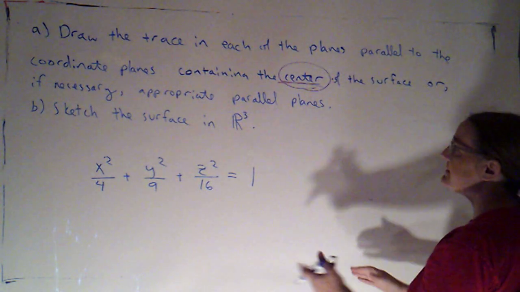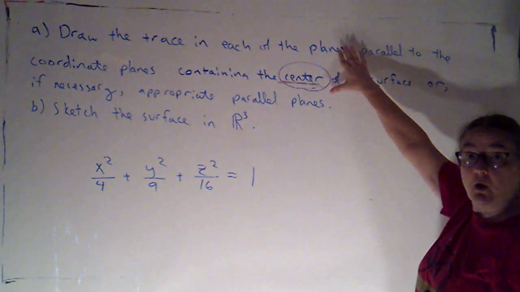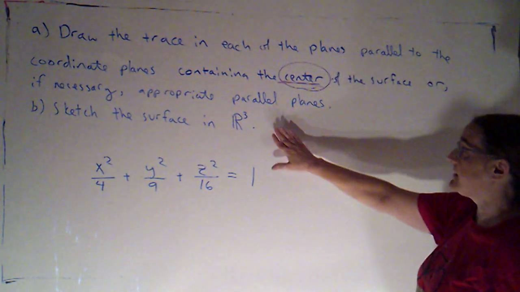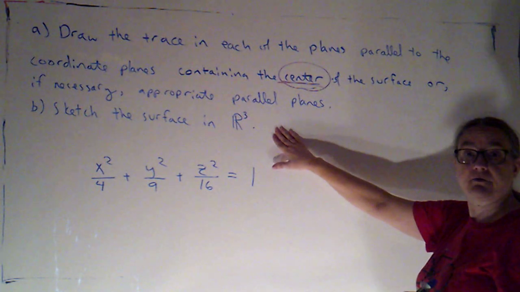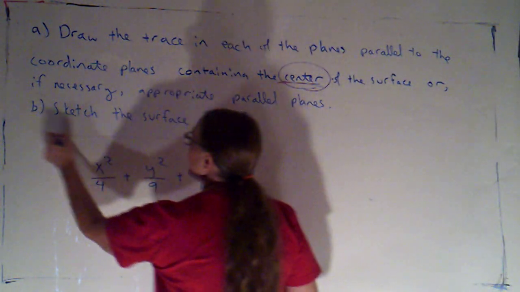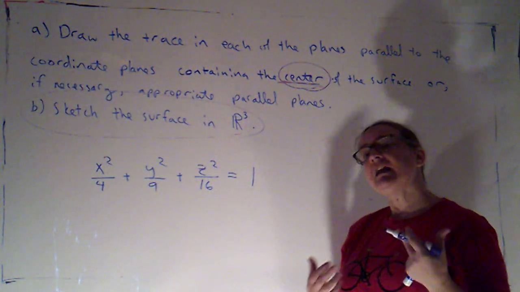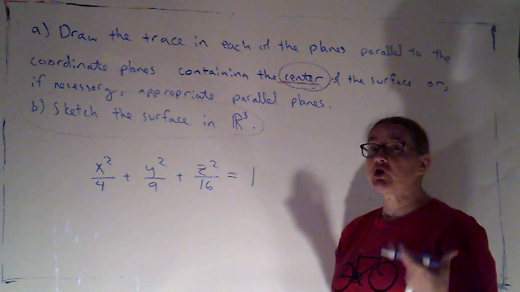Now, for all of these examples, I'm going to ask you to do both things, to draw all 3 traces and then to sketch the surface in R3. It's possible that at some point in the future, I will just ask you to sketch a surface in R3. If I do that, you can choose.